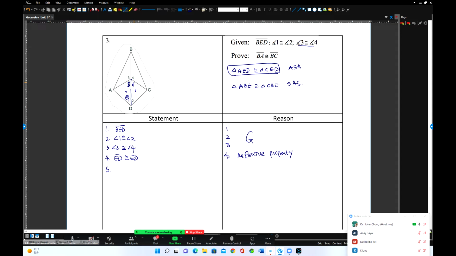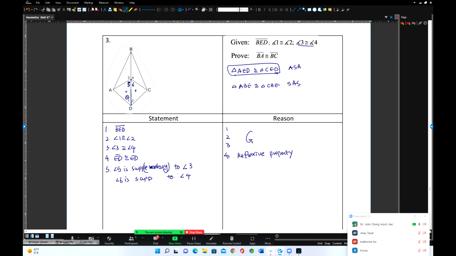Because BED is a straight line, angle 5 is supplementary to angle 3, and angle 6 is supplementary to angle 4.